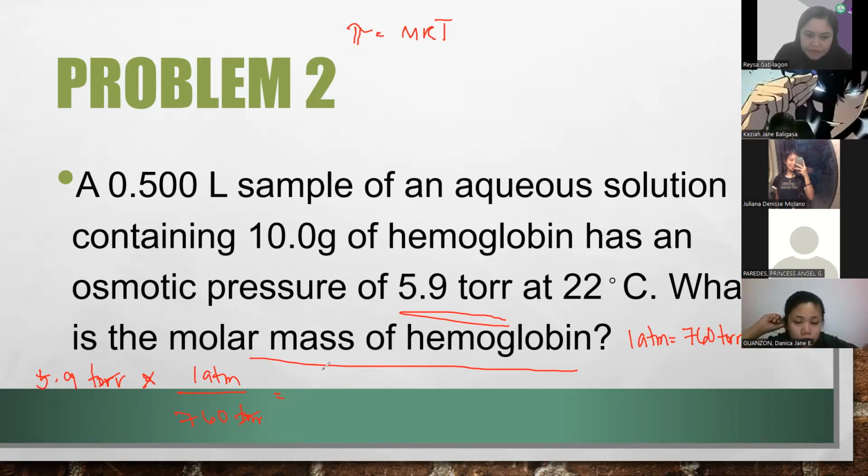5.9 divided by 760 is 7.763157895 times 10 raised to the power of negative 3 ATM. So yan yung gagamitin ko here. Again, do not forget, I'm not fond of rounding off during the process.